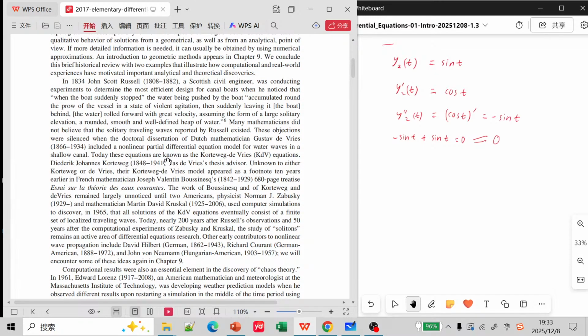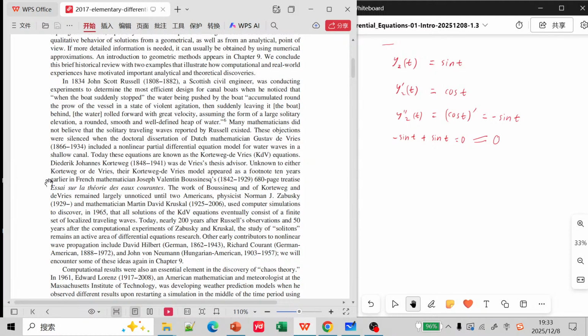Today, these equations are known as the KdV equations. Diederik Korteweg (1848 to 1941) was the de Vries thesis advisor.